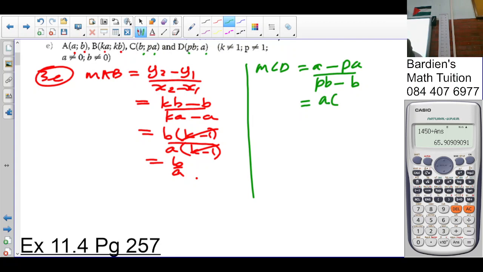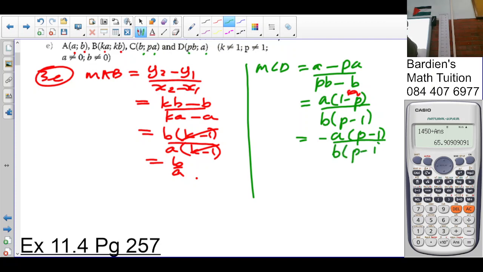Take A out as a common factor, what are we left with? 1 minus P over, what's common in the denominator? B. We are left with B minus 1. So what I do is I swap this around here. Why do I swap it around? So you can cancel the denominator. If I swap it around for the negative, what's going to happen? Negative comes out. Not so? I could have swapped the denominator around, doesn't matter. No? But I'm not going to swap both around, otherwise you will be on square one again.